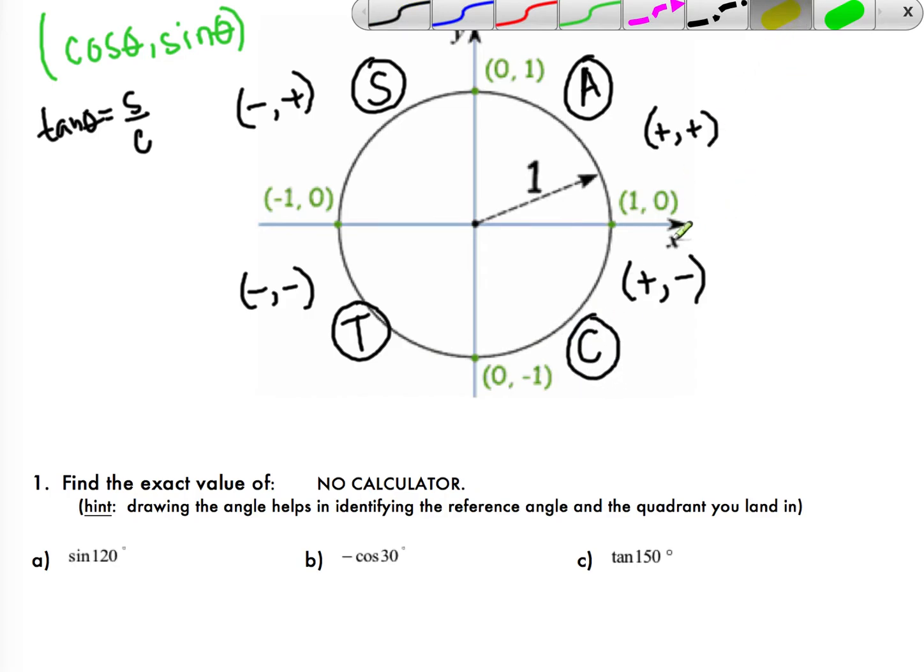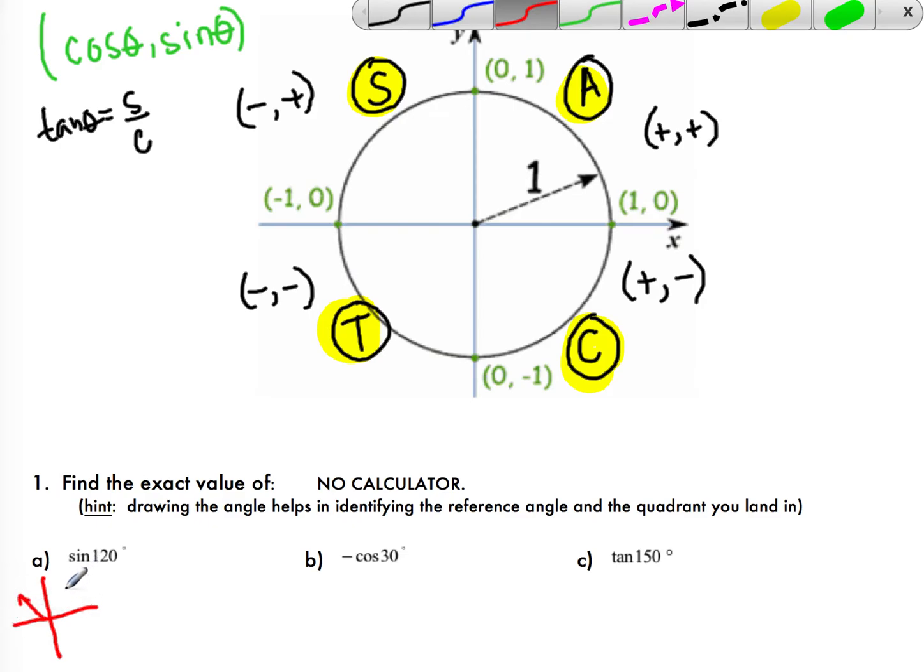So one way to remember this is "all students take calculus," and that'll help us determine what ratios are positive or negative. So let's go ahead and look at sine of 120. The first thing I do is I draw in my unit circle, and the sine of 120 I know is going to land here.